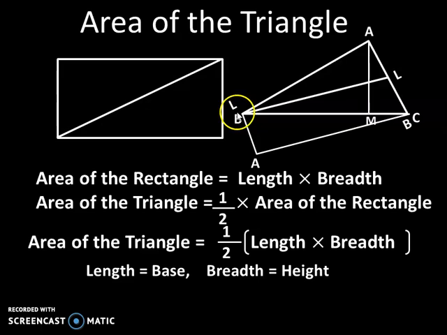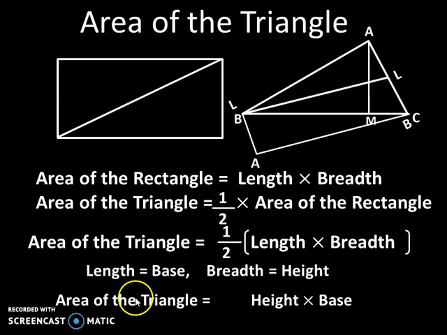So you will take the altitude of the triangle as the breadth of the triangle, and the opposite side, the base of this triangle, will be called the length. So the area of a triangle is 1/2 multiplied by height into base. Here, in this triangle, we have taken an altitude AM. A straight line comes from vertex A to the opposite side BC.